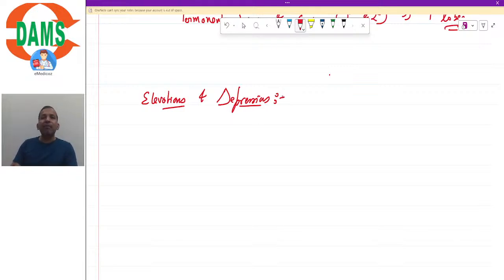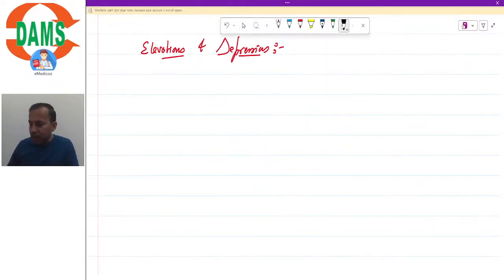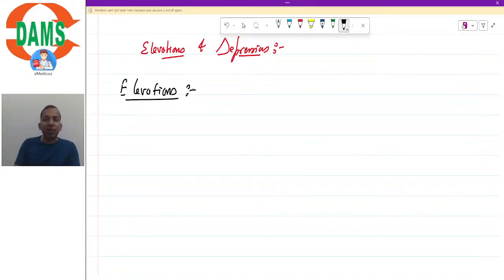Let's first start with the elevations. When we say elevations, any prominence on the surface of the crown or on the root can be grouped under elevations, and any depression can be grouped under depressions.